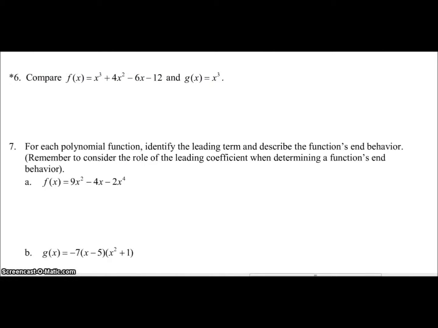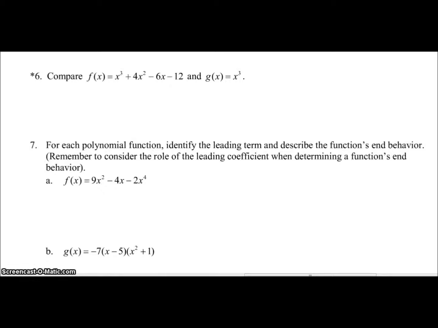Number 6 just says compare f of x equals x cubed plus 4x squared minus 6x minus 12 and g of x equals x cubed. Let's see, I realize that all your numbers might be different from mine. Anyways, how do we compare these? Maybe we should graph them.